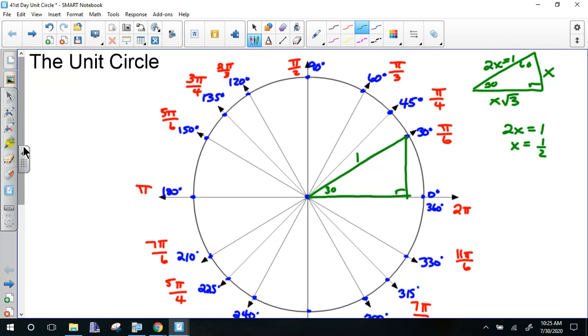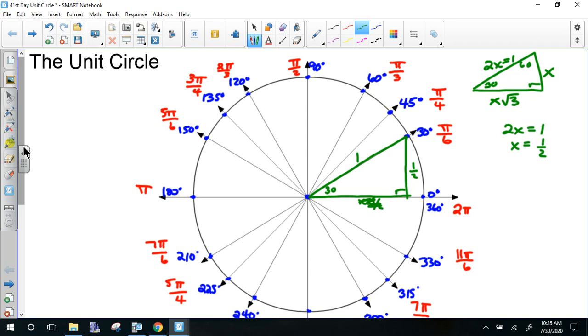My x distance is this. That's 1/2. That's the x distance.